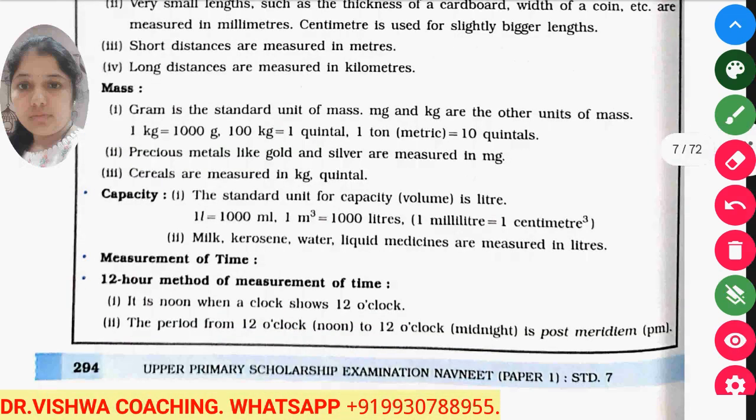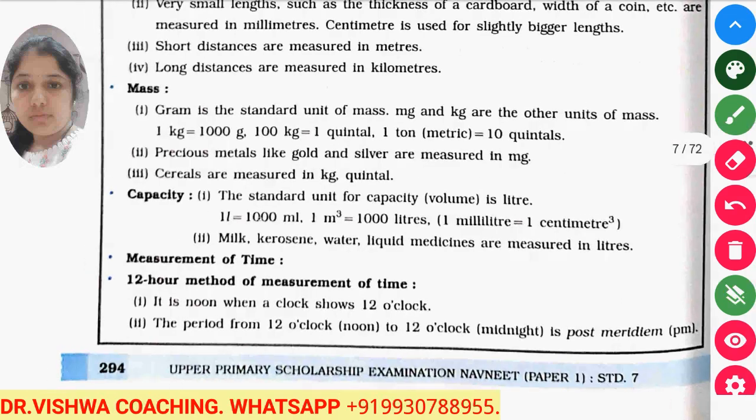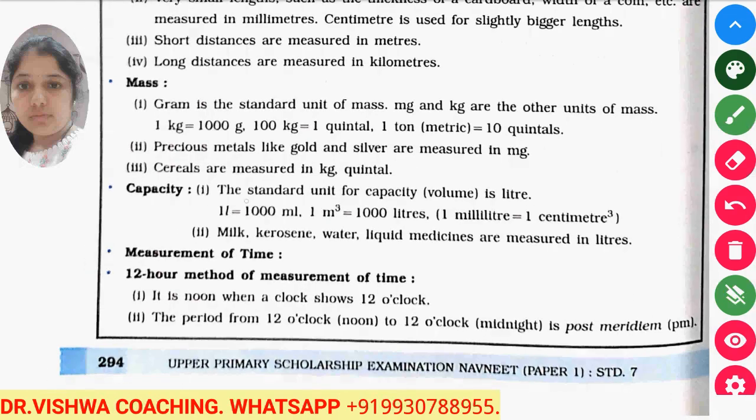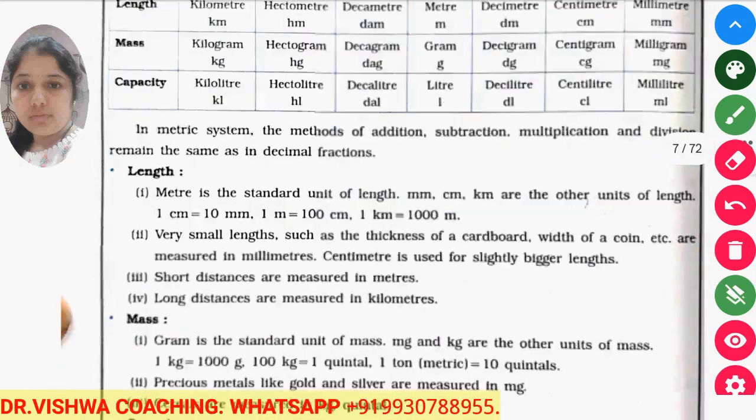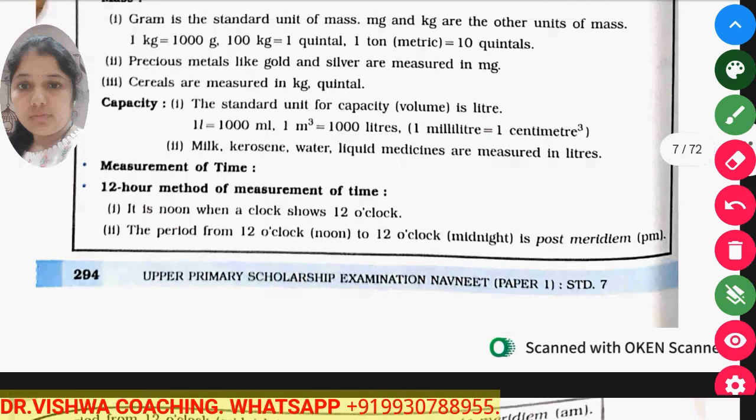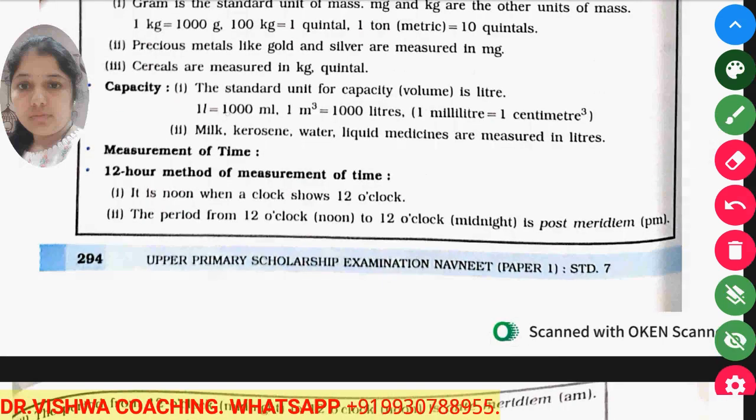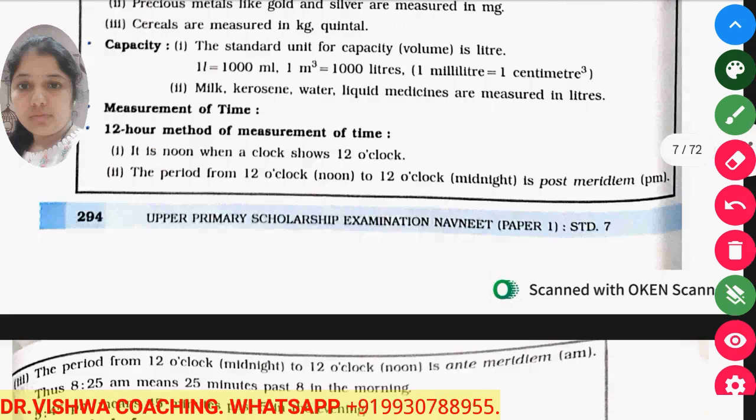And to measure the capacity or to measure liquid substances, we use units like milliliter, liter, kiloliter. There is a conversion also, that 1 liter is equal to 1,000 milliliter. 1 meter cube is equal to 1,000 liters. So like this you can convert it.